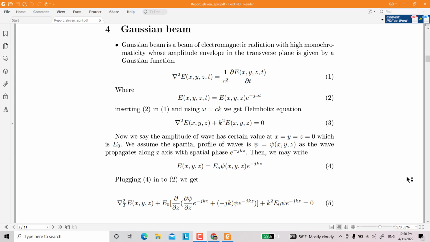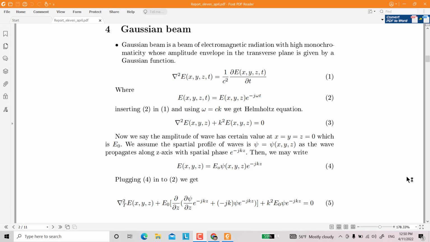Equation number 1 is the wave equation, where del square is the Laplacian operator in three-dimensional space x, y, and z, and c is the speed of light. On the left side there is the Laplacian of the electric field as a function of space and time.